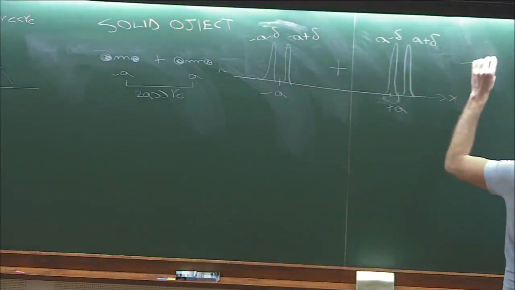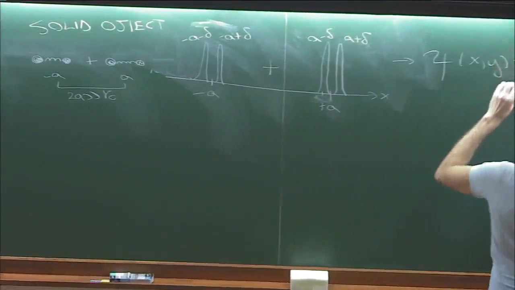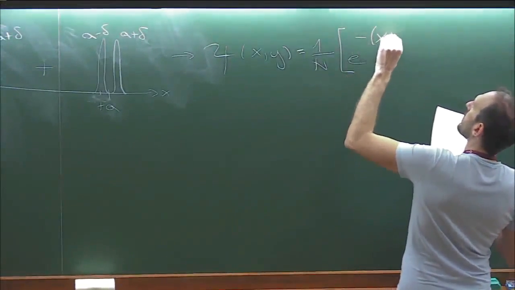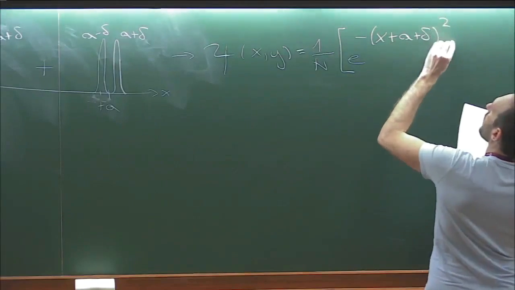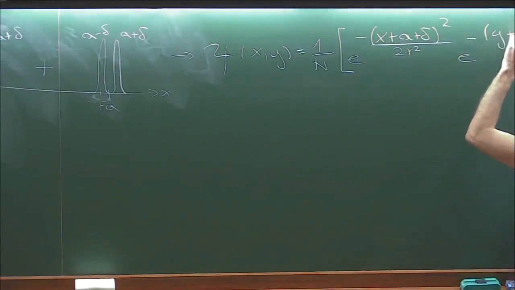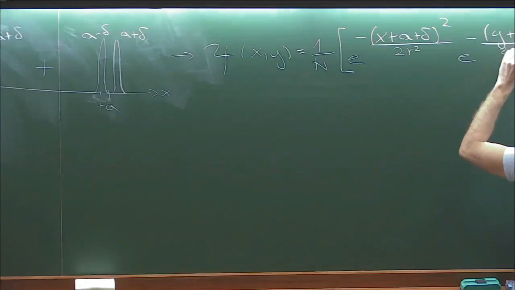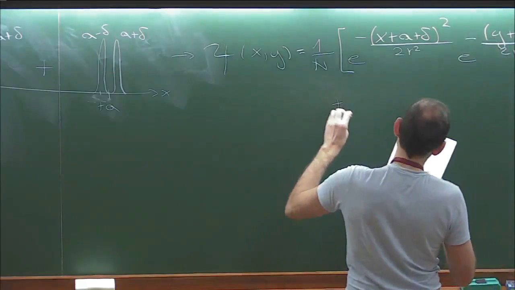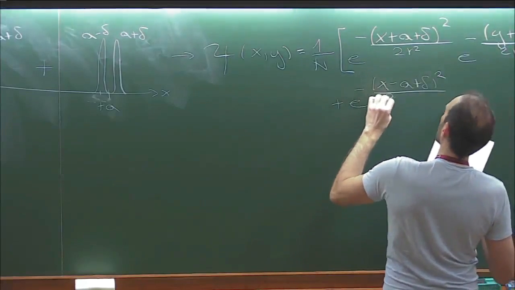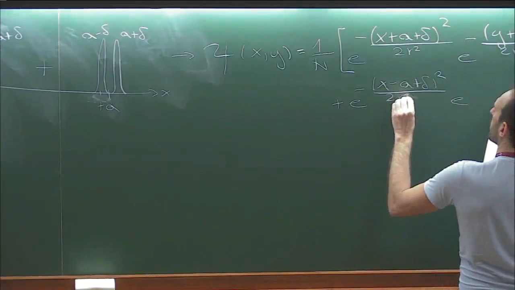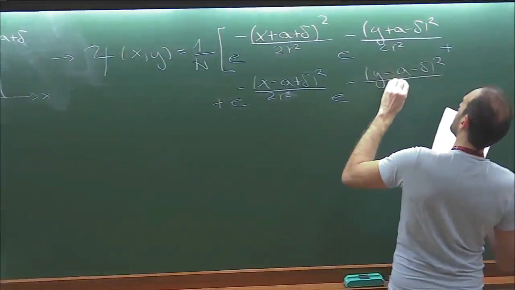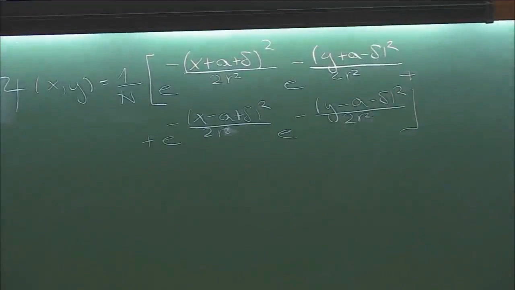Or if you wish, this state is e to the minus (x plus a plus delta) squared over 2r squared, e to the minus (y plus a minus delta) squared over 2r squared, plus e to the minus (x minus a plus delta) squared over 2r squared, e to the minus (y minus a minus delta) squared over 2r squared. So this is the initial state.